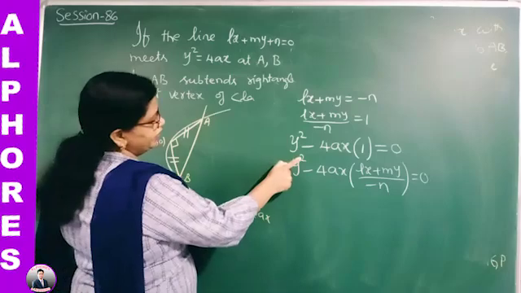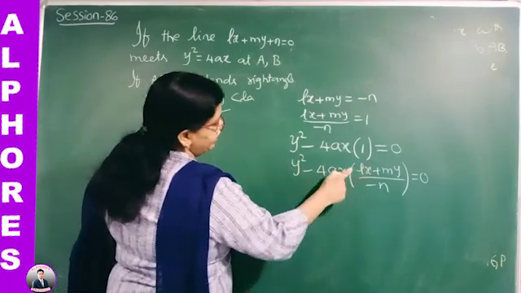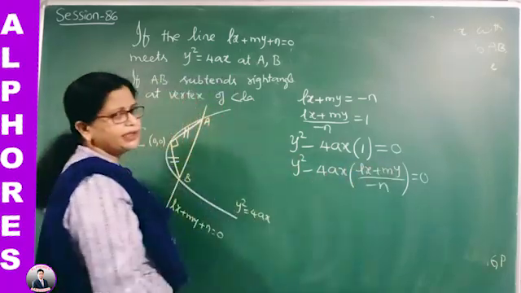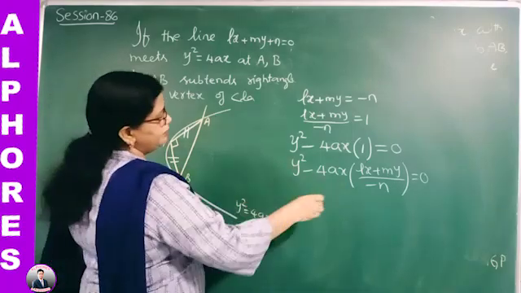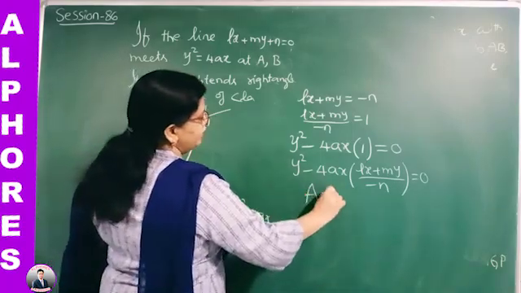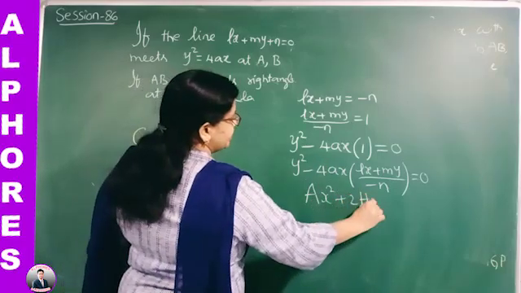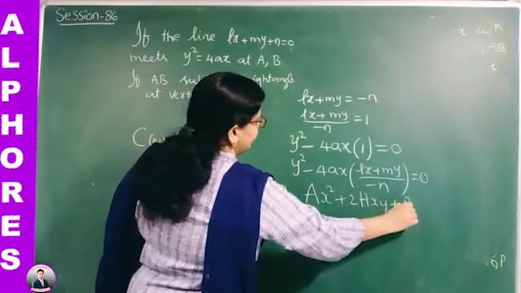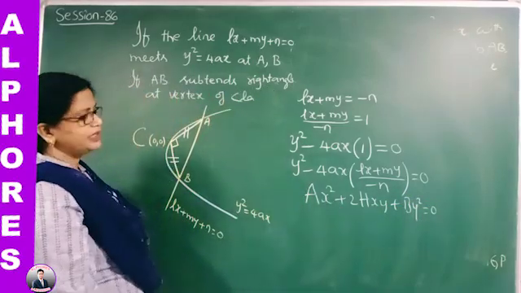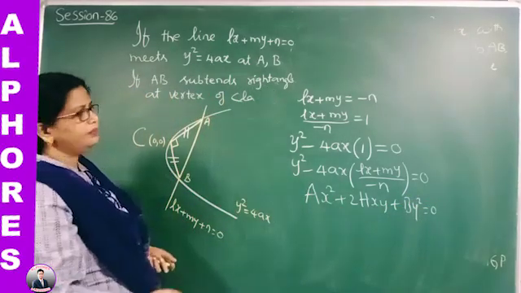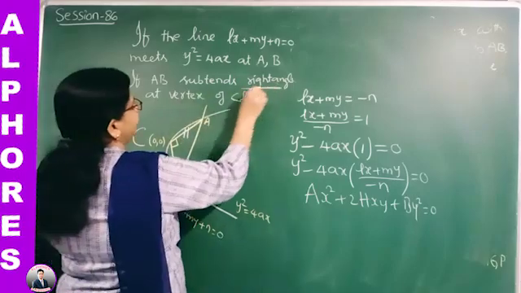Okay, now what is the requirement? You got second degree in y, second degree in x, and xy again second degree. So completely you got a homogeneous equation, and if you simplify you will get of course the form ax square plus 2hxy plus by square is 0. But our intention is not the simplification of the complete equation, it is only the objective, therefore we must make use of the right angle.